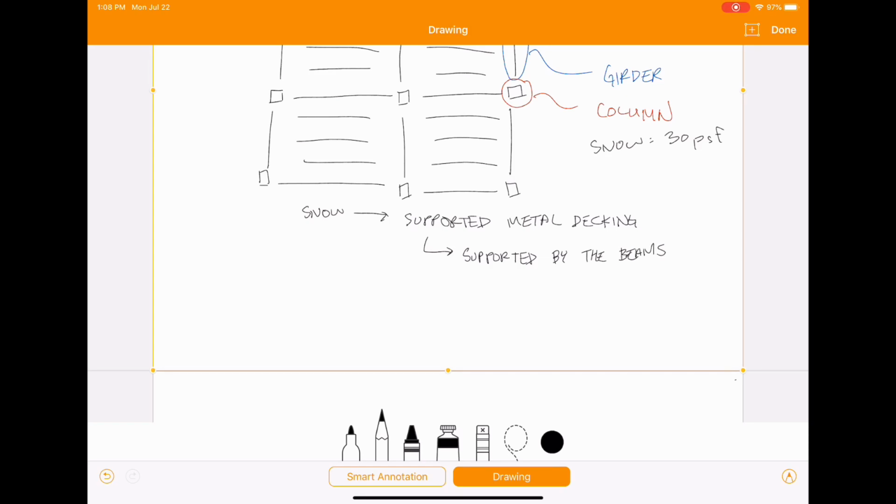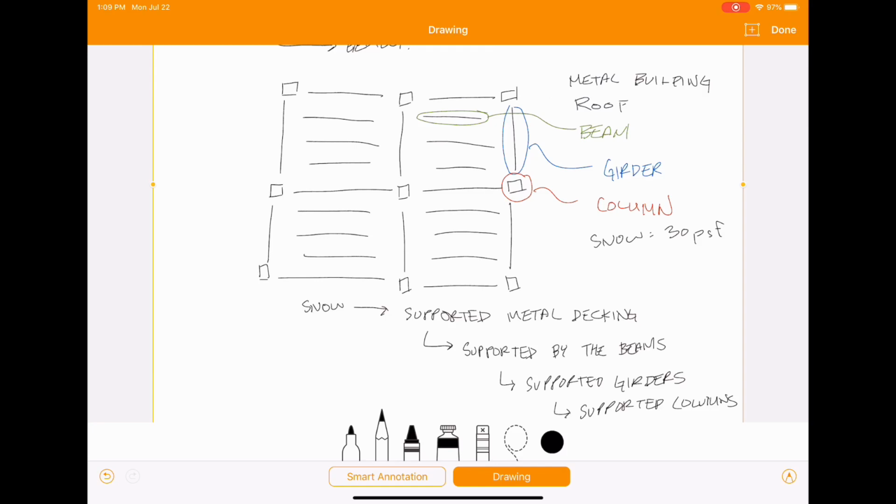And then the beams are supported by the girders. And then the girders are supported by the columns. And then the columns are supported by the footings. And the footings then transfer the load to the ground. And that's all we have to worry about.